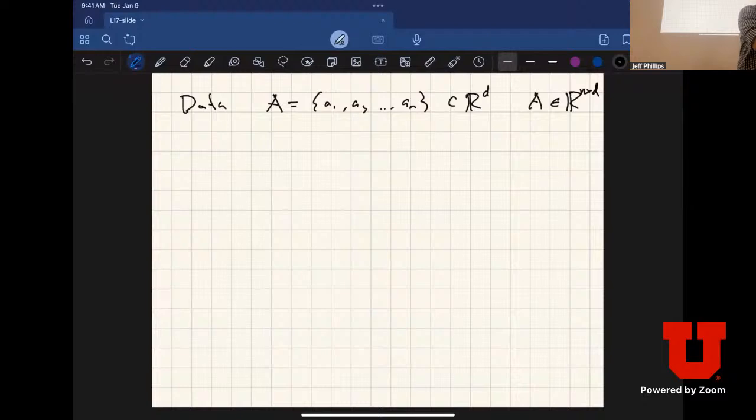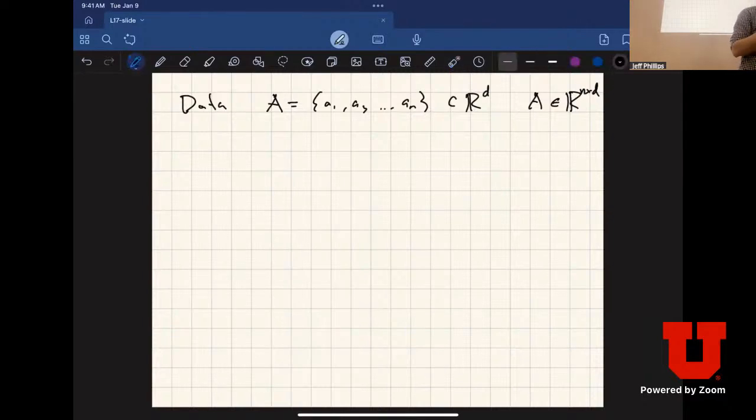The difference is just notation: this is n points, each in a d-dimensional space, so each is a d-dimensional vector and there are n of them. The whole matrix is n by d. In some sense it's equivalent to being in an n times d dimensional space, so if n is 100 and d is 20, a 2000 dimensional space, but you write n times d to let you know it's a matrix. So A is a matrix.